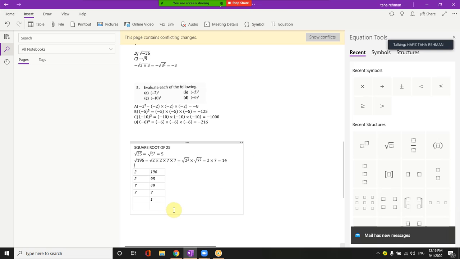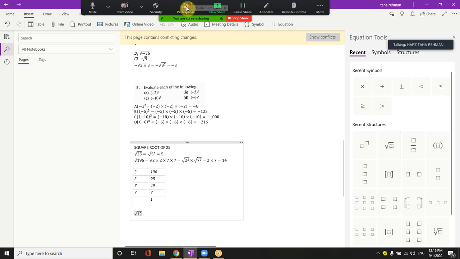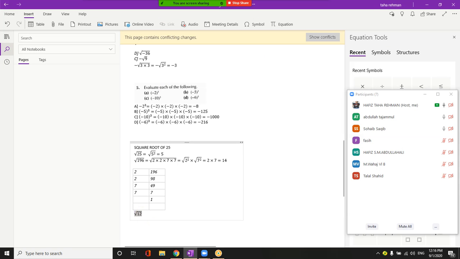You need to find the square root of 144. Abdullah Tajamul, solve it for me. Under root 144.